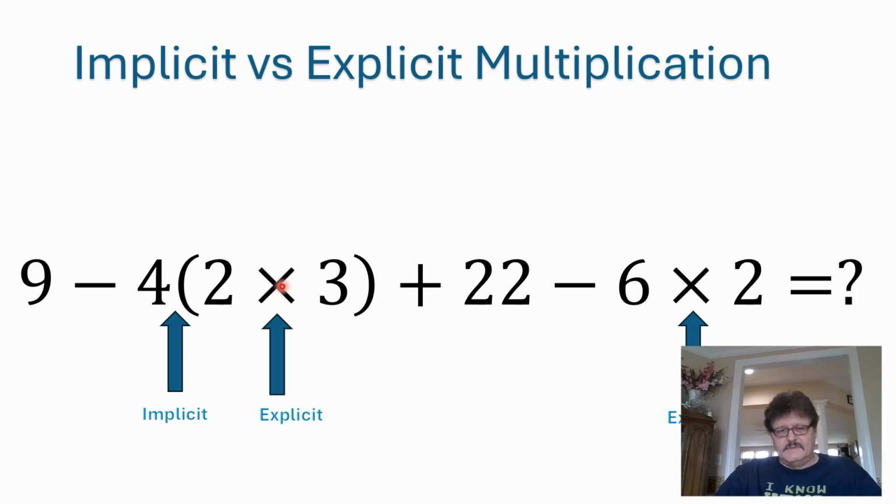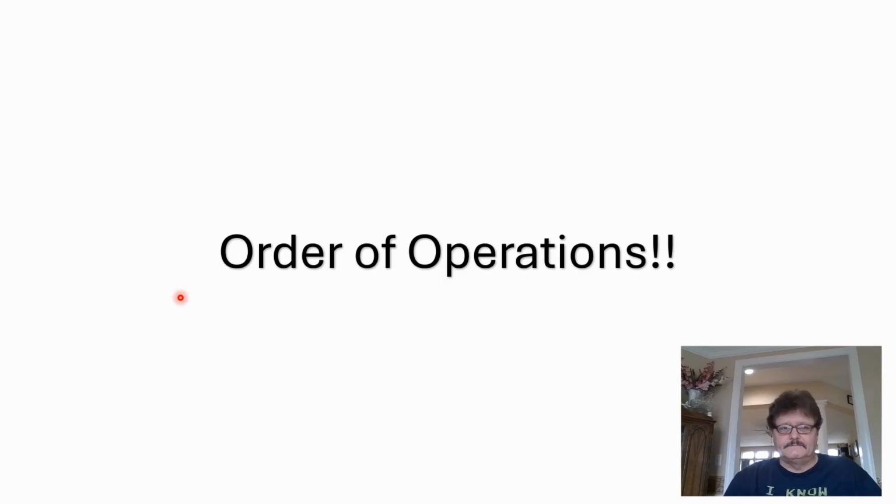This also would be explicit multiplication over here on the right because we have a multiplication symbol. But here, this actually means 4 times what's inside of the parentheses, which is 2 times 3. So I hope that clears that up for some people, because a lot of people forget what you're supposed to do when you see this and you don't have an actual multiplication symbol.